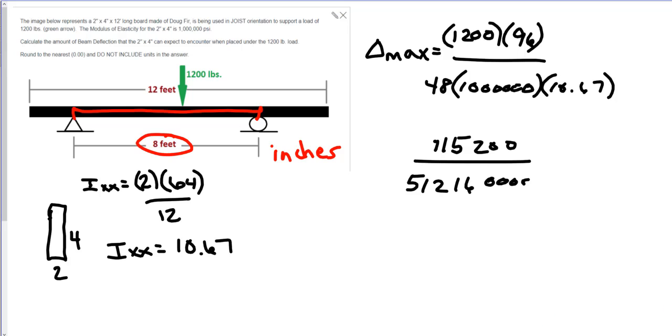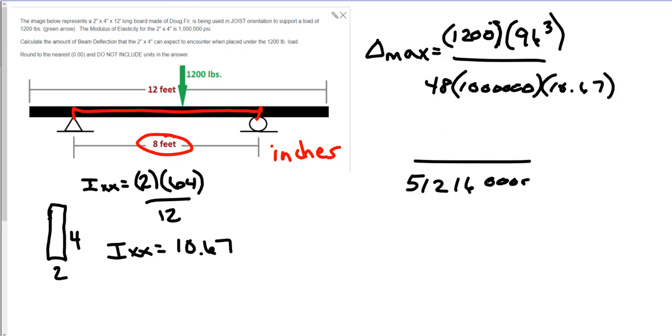Okay, actually, sorry, this should have been 128. Okay, sorry about that. I'm back. All right, so this was 1200 times 96 cubed. That was where I made my mistake. I forgot to cube that.